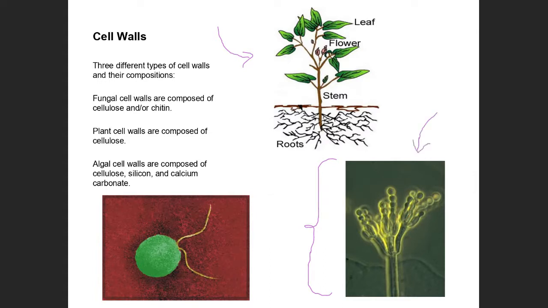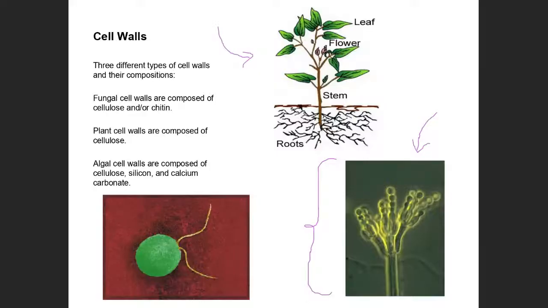A multiple choice question would be, the major constituents of the mold cell walls are cellulose and a blank, and then it'd be A, glycogen, B, starch, C, glucose, D, chitin, and that would be the answer. Okay.